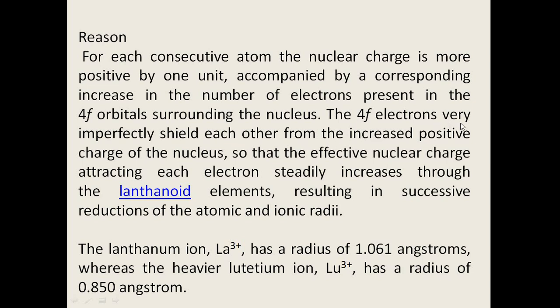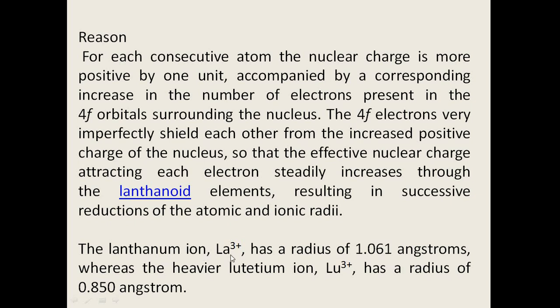The 4f electrons very imperfectly shield each other from the increased positive charge of the nucleus, so that the effective nuclear charge attracting each electron steadily increases through the lanthanoid elements, resulting in successive reduction of atomic and ionic radius.